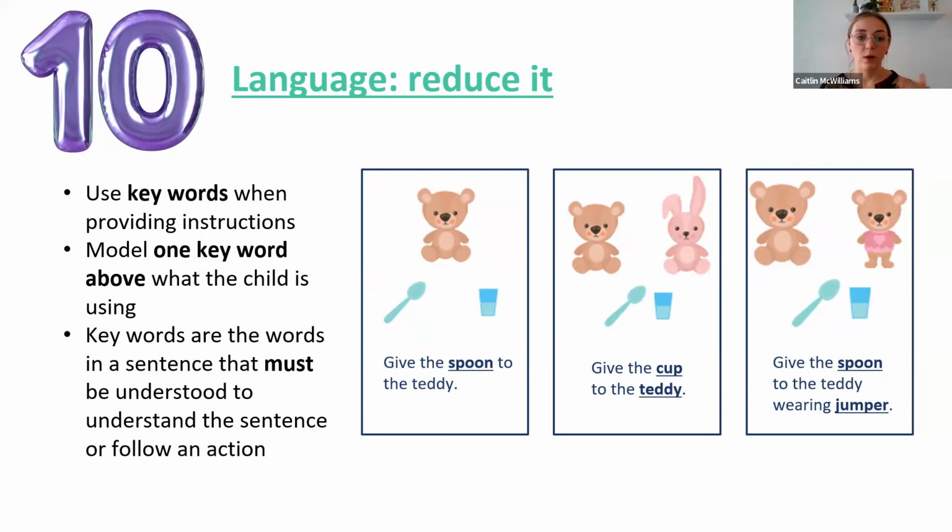So we want to be modeling one keyword level above what that young person is using. Keywords are the words in the sentence that must be understood in order to follow an action.